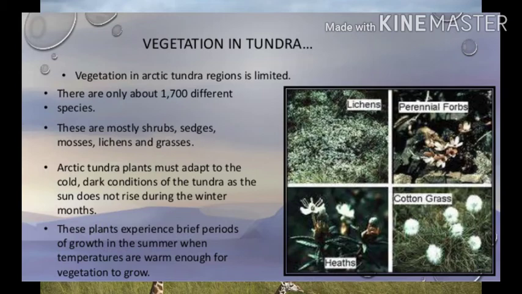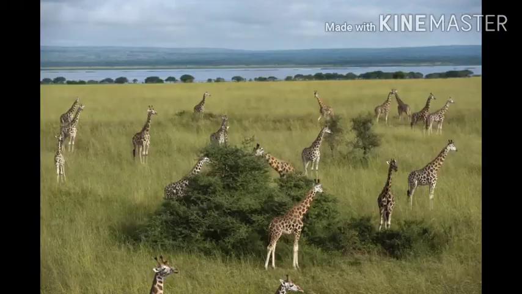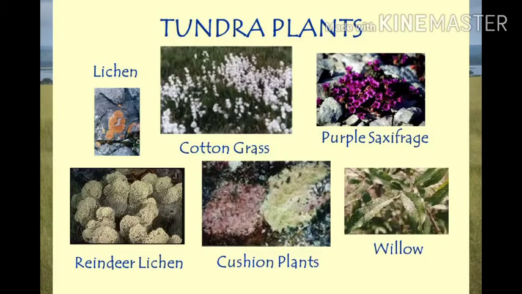Students, the Arctic flowers also bloom in the short growing season, and the tundra vegetation is found in North America, Northern Europe, Northern Asia, and the North Pole.